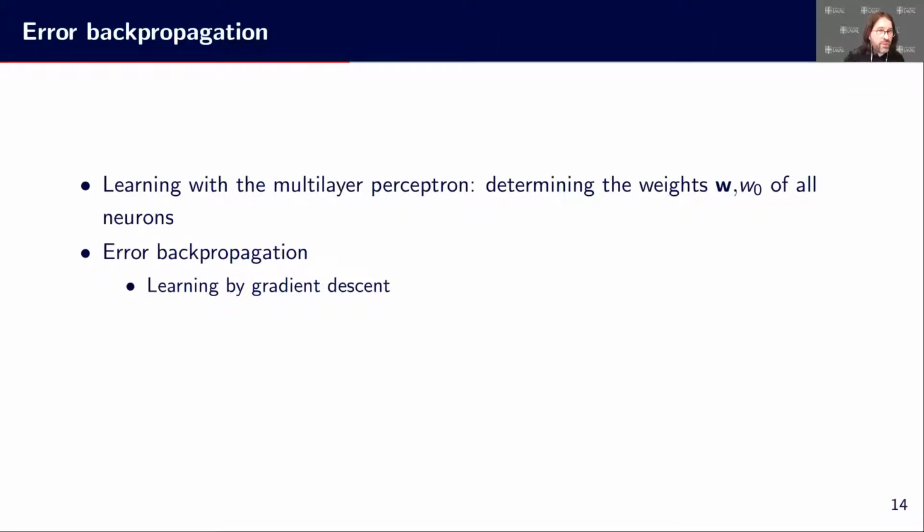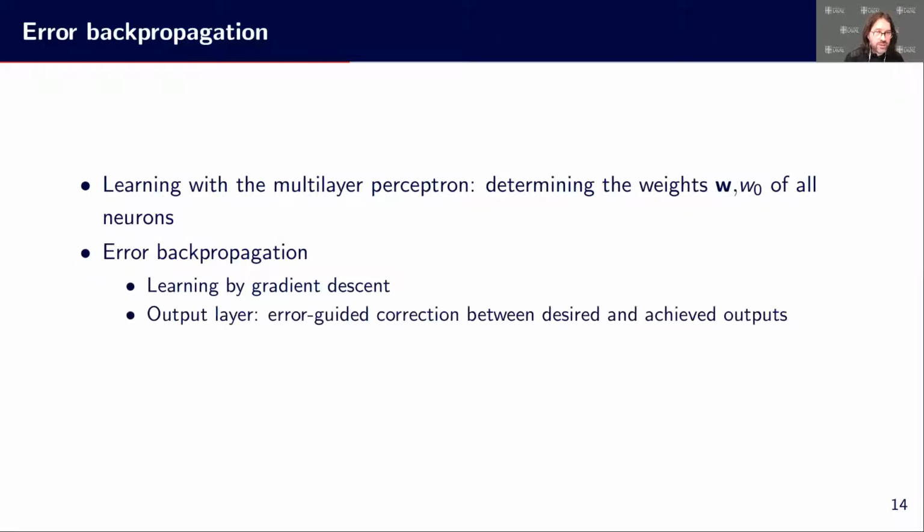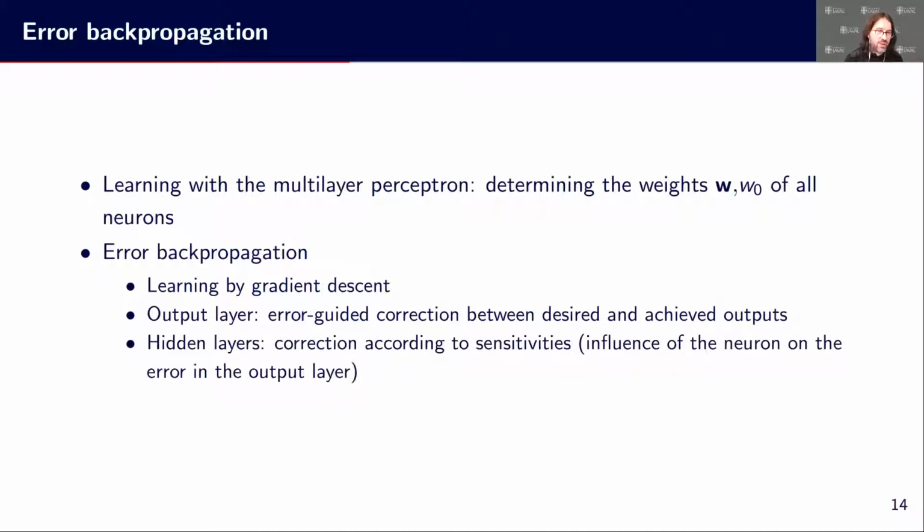So the learning in backpropagation is done through gradient descent, as we saw before with linear discriminants. We look first at the output layer, and that output layer is providing us some output, some decisions on a given data. We can compare this with the desired output, and computing the difference gives us an error that we use to guide the learning. This error is used through gradient descent to adjust the weights of first the output layer, and then we go inside the network.